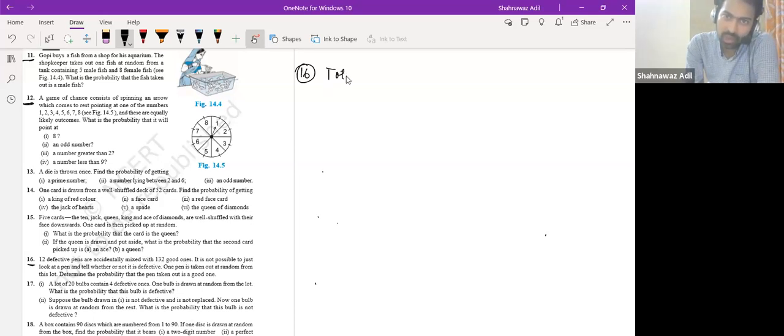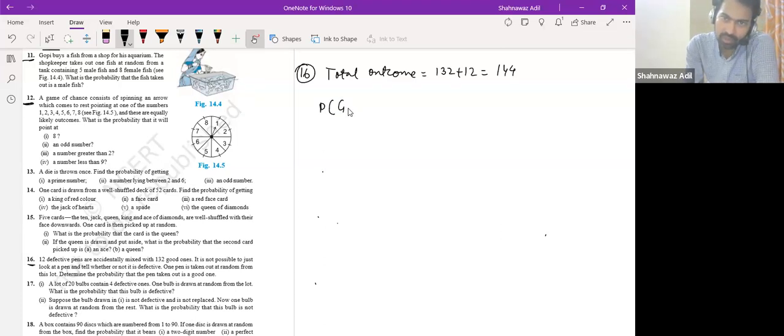So total outcome is 132 plus 12, 144. It is not possible to just look and recognize which one is defective. So one pen is taken out at random from the lot. Determine the probability of getting a good pen.